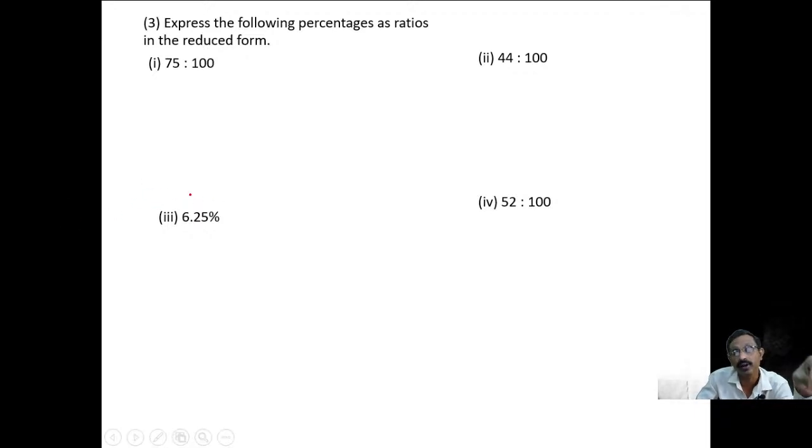Yesterday when we were solving certain sums, we came across certain numbers, and we saw that when there is the number 100 in the denominator, then we say that it is a percentage. But what is this percentage? And we have to reduce this percentage to the reduced form. So let us start with a solution.